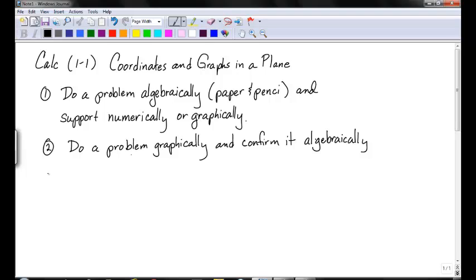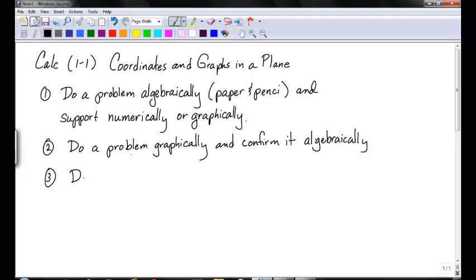Okay, and then the third one, there will be problems in the book that if I said to work this problem out by hand, you couldn't do it. Okay? The only reason you can do it is because the calculator can do it.